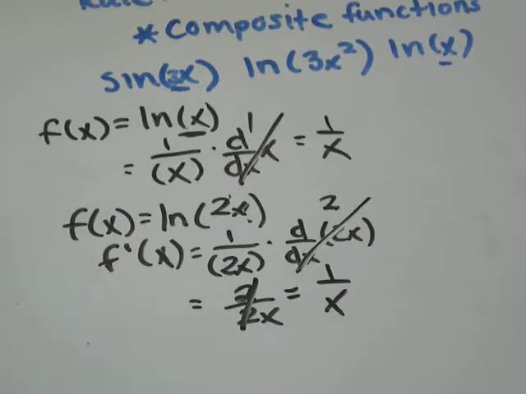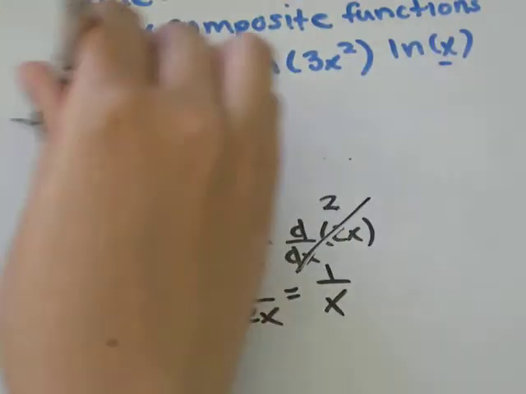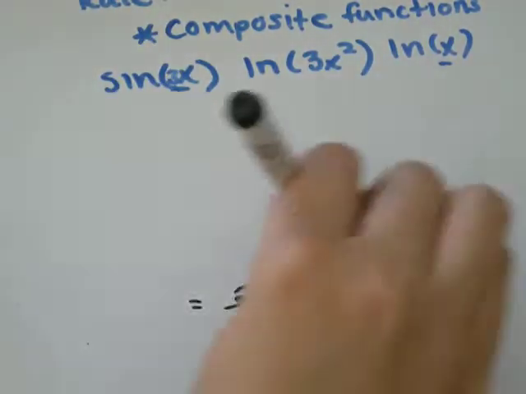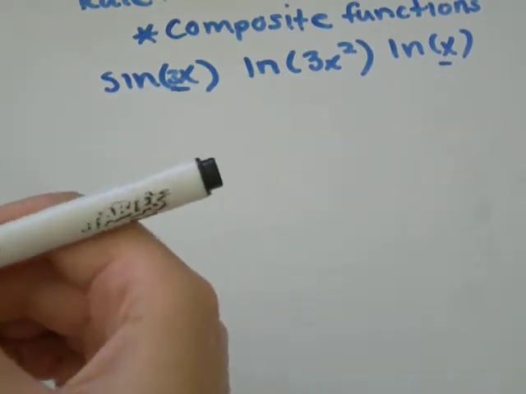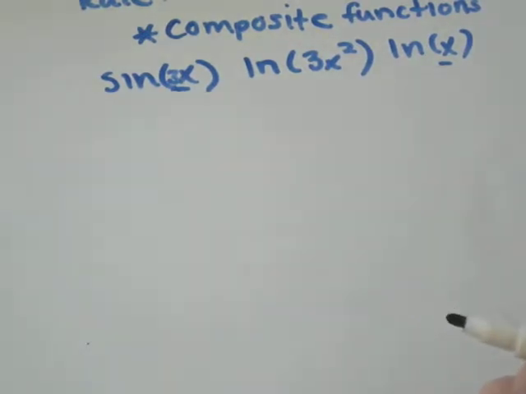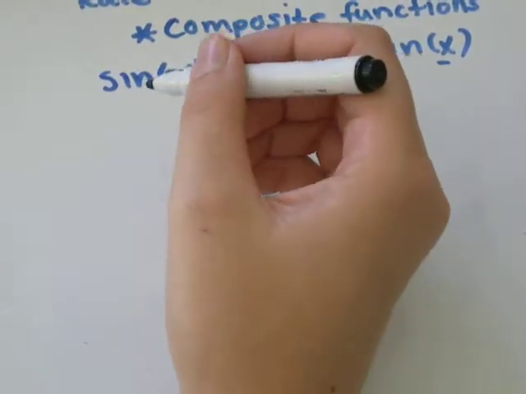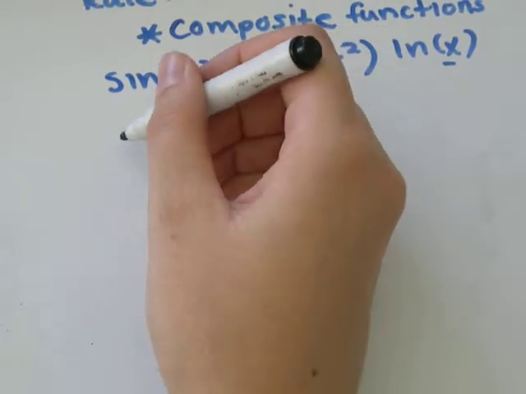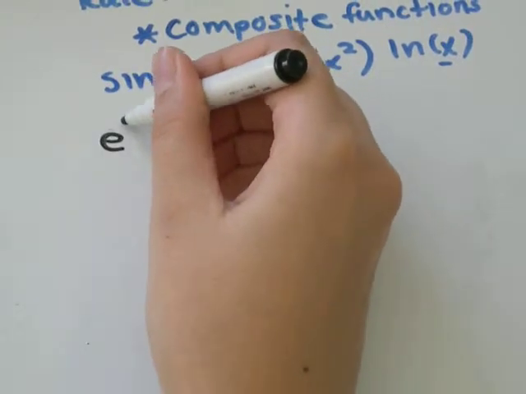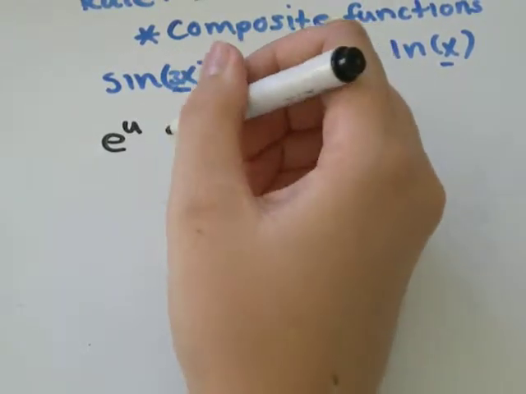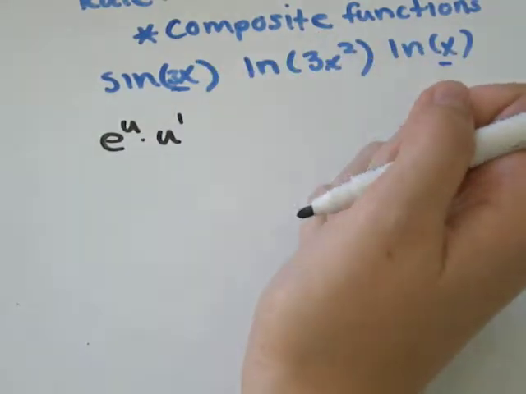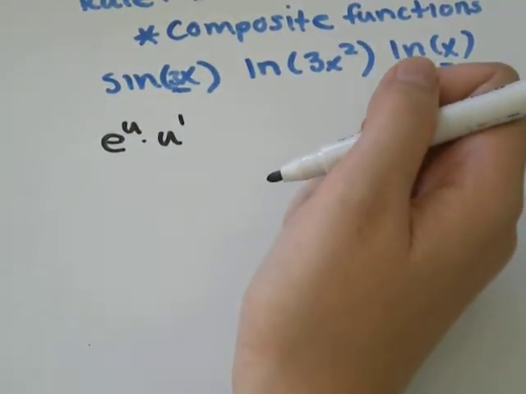Now the inverse of the natural logarithm is e to the x. So let's do a question where we use the chain rule with e to the x. And so the way to take the derivative of e to the x, you might see it written as e to the power of u times u prime. So that's what we're doing here.